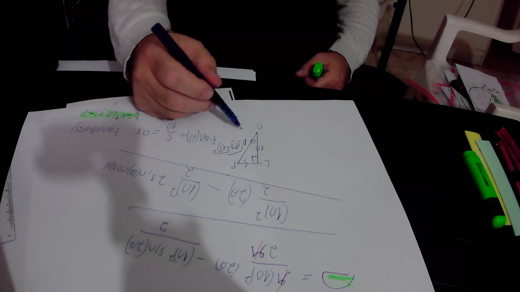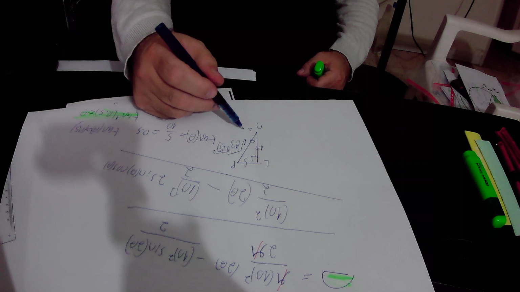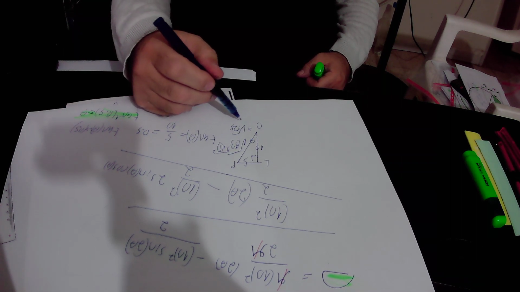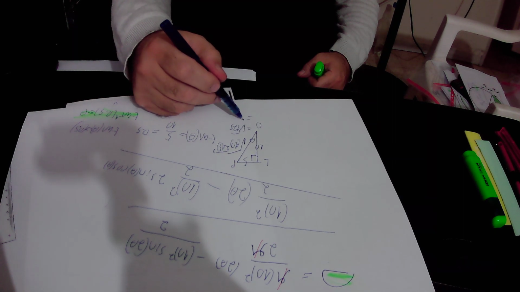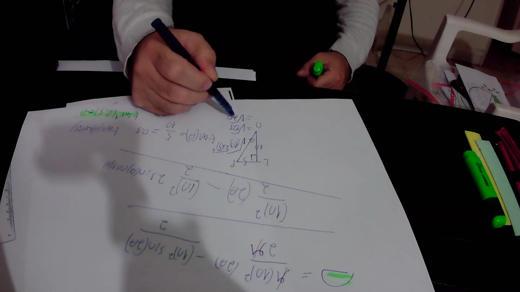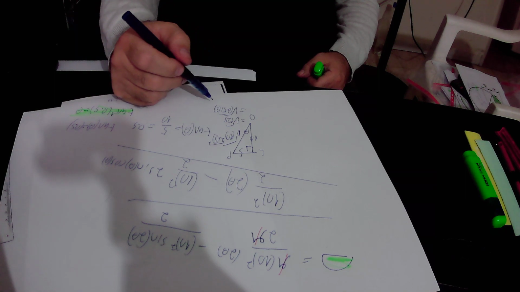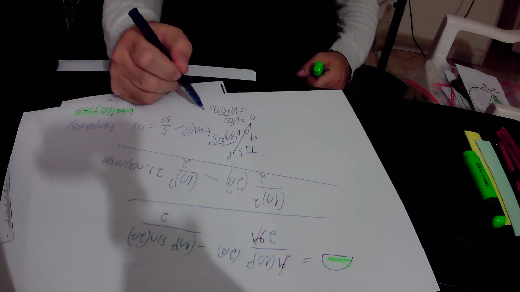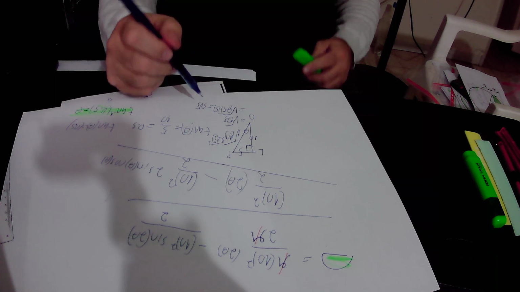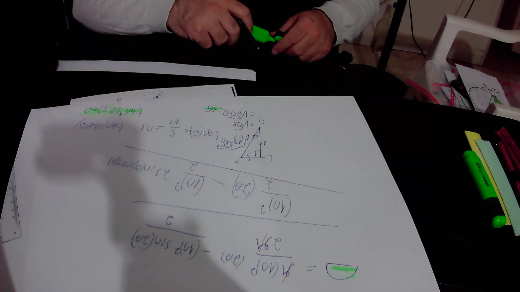The square root of 10 square plus 5 square is the square root of 125, and 125 is 25 times 5. The square root of 25 is 5. So in conclusion, the hypotenuse equals 5 times the square root of 5. Okay.